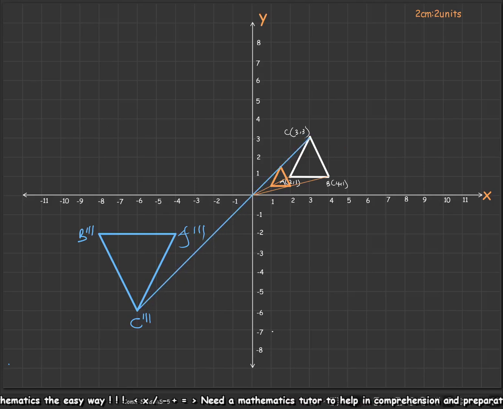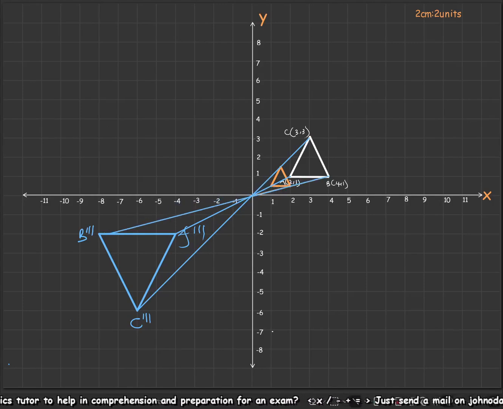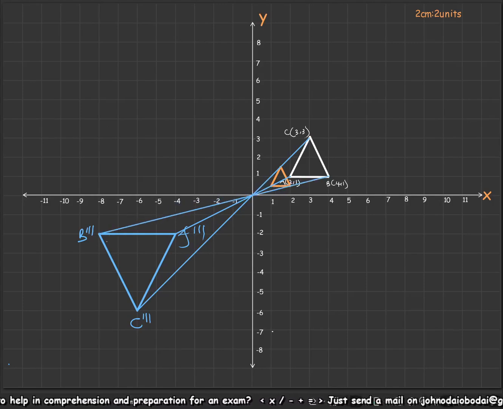And then my A, we are using the white one because the white one was the original figure. You remember, this gold here was the scale factor with negative. Then our B also to our B nicely. And as you can see, it has flipped to the opposite side.